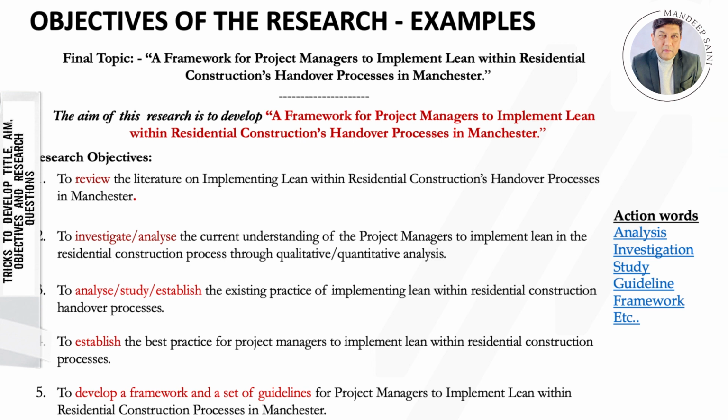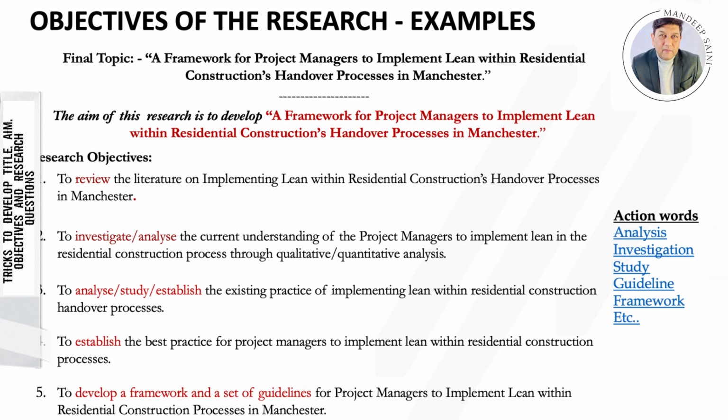Once we have the aim, the trick is you just need to break the aim down to the objectives, and you need some thought process for that. So the aim of the research is this. Now, the first thing we need to do is, the first objective must be about the literature review, because that is the first thing we are going to do.